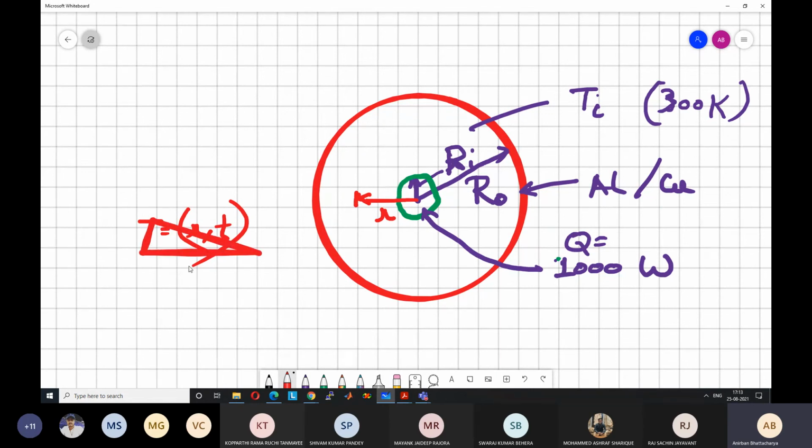Then as a second step, you will try to find the steady state solution for this problem directly, and then you can compare your unsteady solution, which is changing with time, whether it is reaching towards the steady state solution or not.